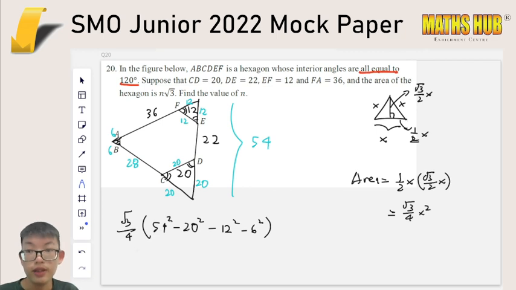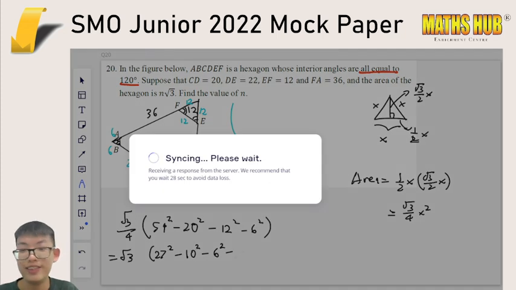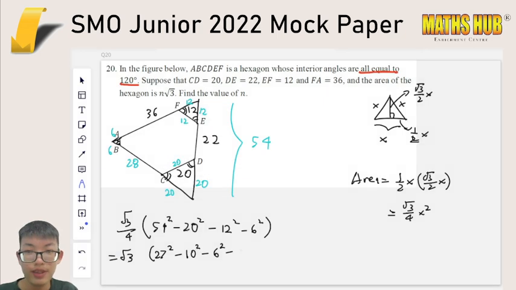Okay, so I can divide the 4 off first to make numbers a bit smaller, right? Because 4 is 2 squared. So you get 27 squared minus 10 squared minus 6 squared minus 3 squared. Oh, come on, this is not a good time. Oh well, okay, so we just need to calculate this.